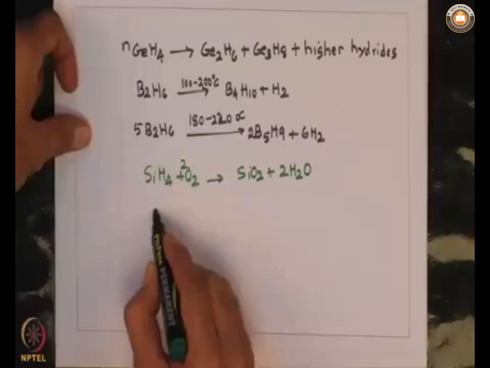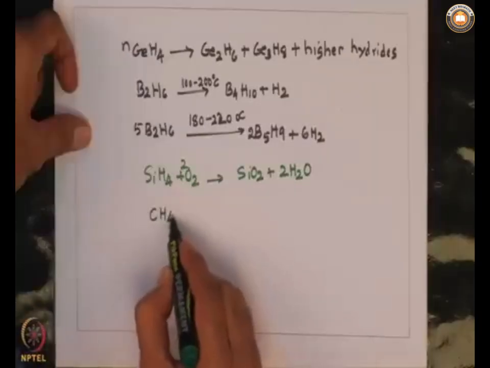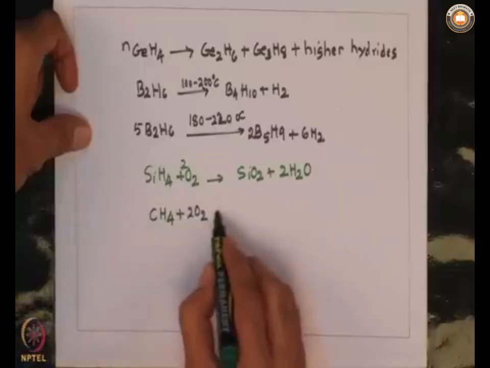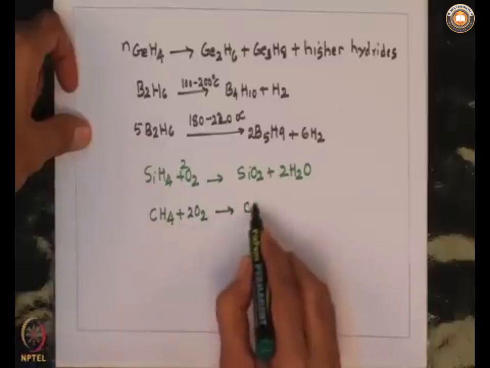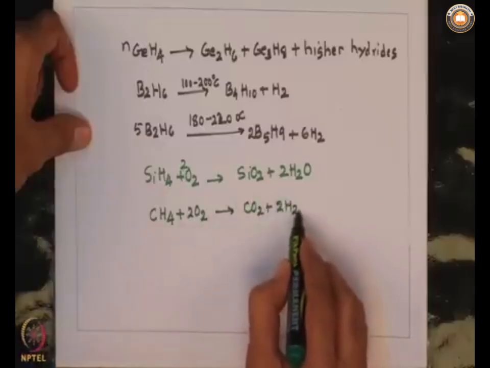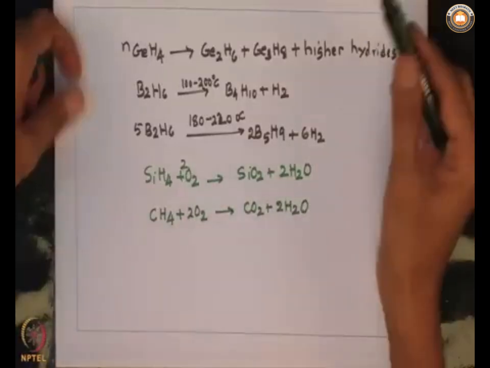Similarly, methane, when it is burnt with oxygen, forms CO2 plus 2H2O. That shows the reactivity of p block element hydrides.